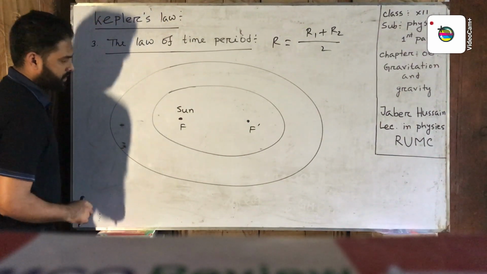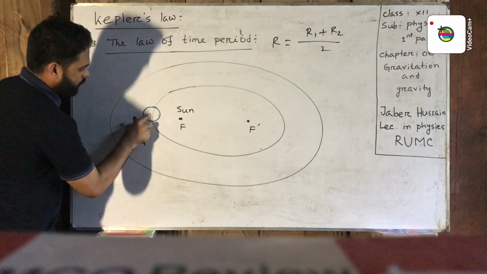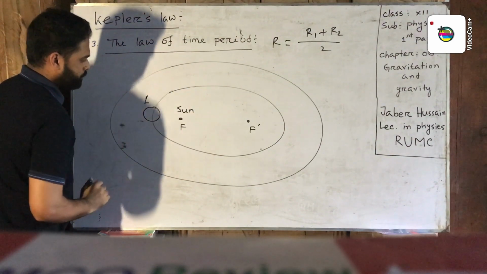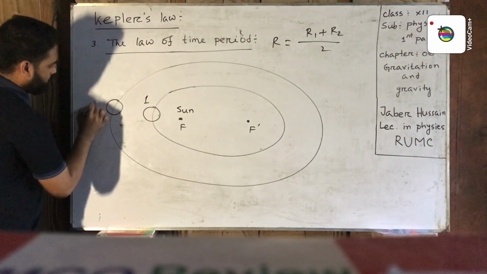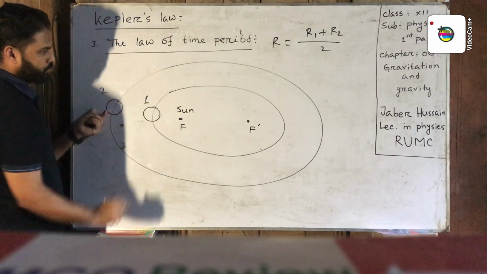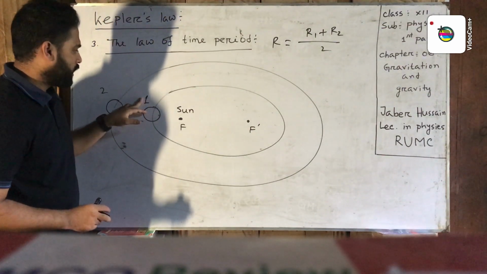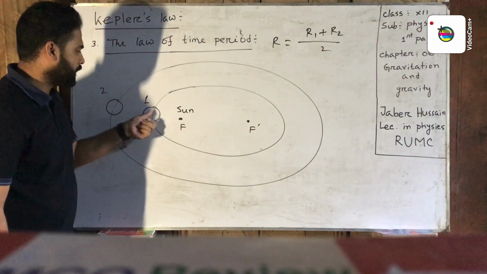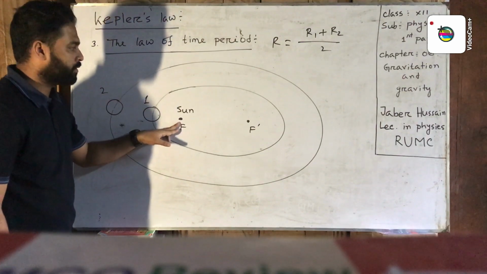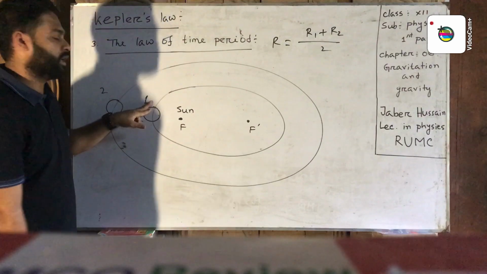Look at the figure. This is planet 1, and this is the orbit of planet 1. This is planet 2, and this is the orbit of planet 2. For planet 1, the average distance between planet and sun will be minimum. For this reason, the time period of planet 1 will be smaller.